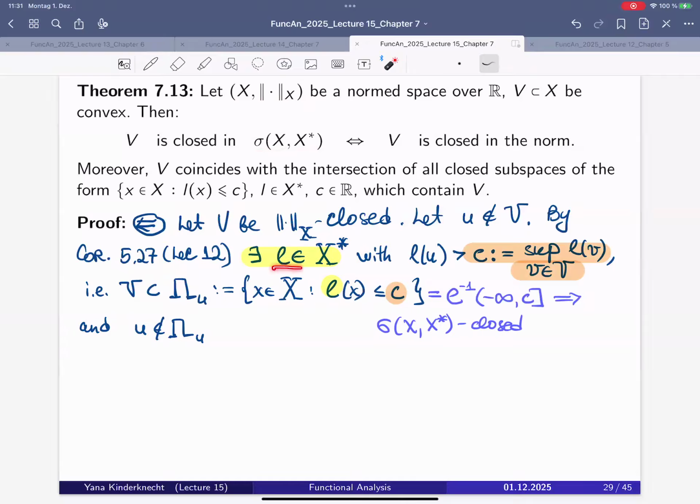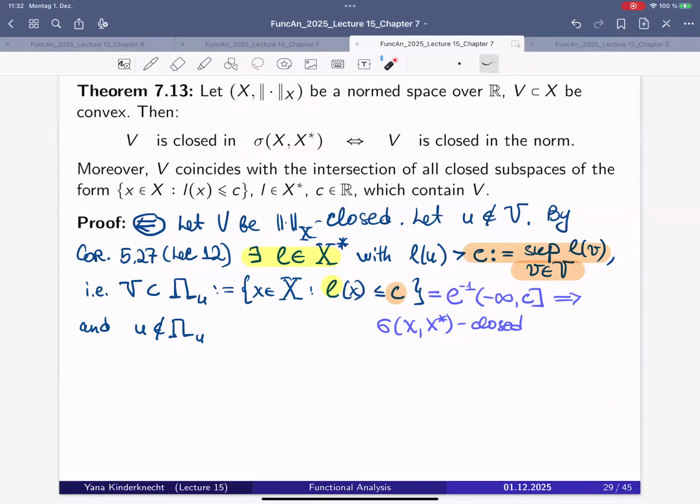So any L from here is a continuous linear functional also with respect to this topology. And hence the pre-image of a closed set should be closed with respect to this topology. And this set is closed because its complement looks as follows, and this is an open set. Yes, it's clear.